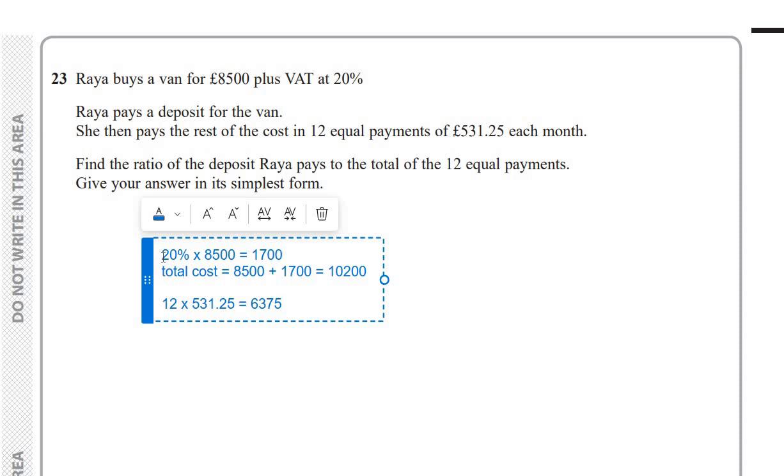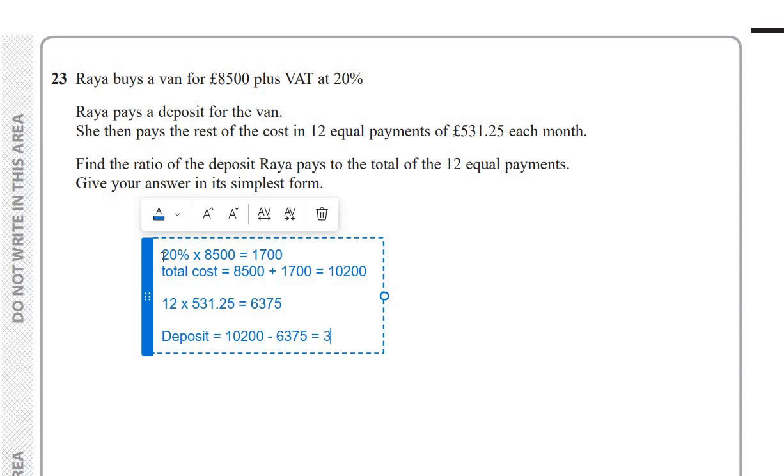So she must have given a deposit of that take away 6375. So this must have been the deposit that she had paid.